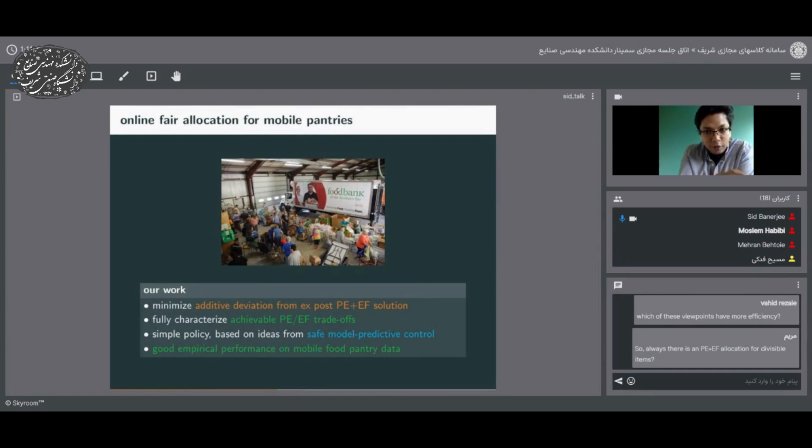This again is the Food Bank of the Southern Tier, who we've been working with. What they have is the mobile pantry, which is basically a big truck, which every day in the morning they load up with as much food as they can. Then they go to each of these neighborhood villages and towns. We are in a somewhat rural area, so there are a lot of small villages and towns around here. You go to multiple places each day, and then you try to distribute the food.